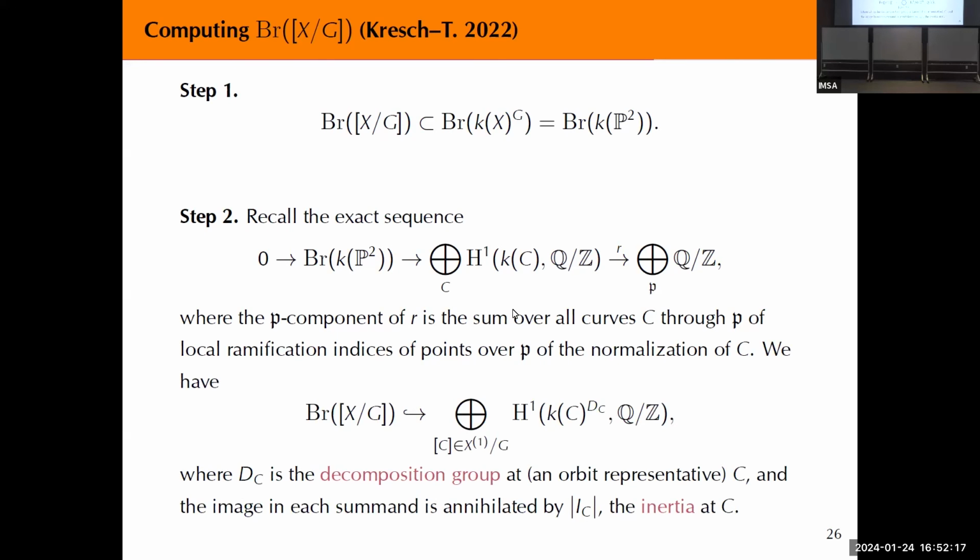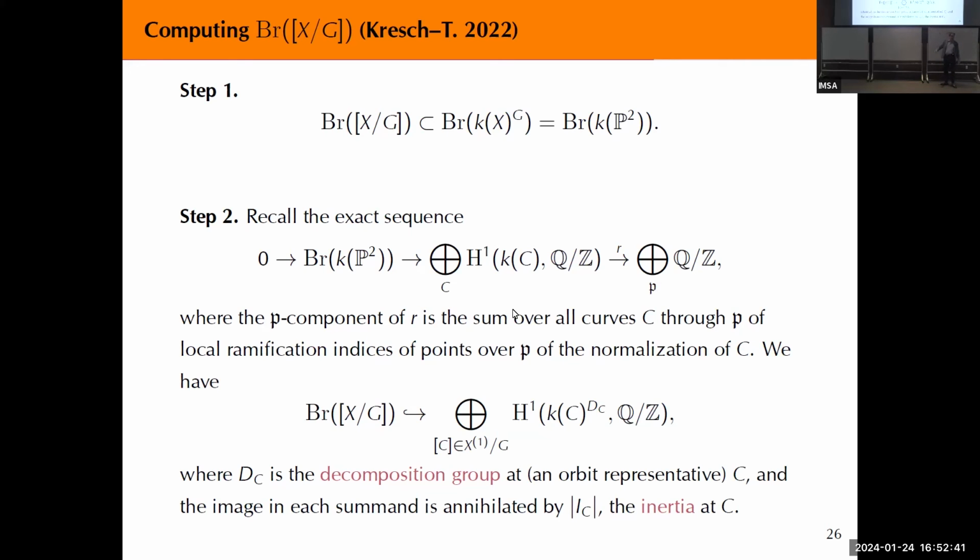And the basic result is that the Brauer group of the quotient stack, in fact, injects into a sum over each one of those curves where the inertia is non-trivial. What's said here is that it's eliminated by the order of inertia.